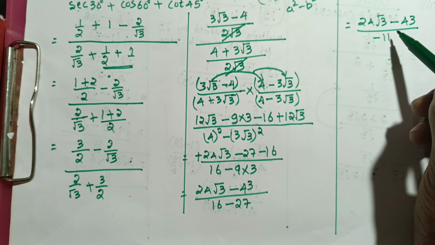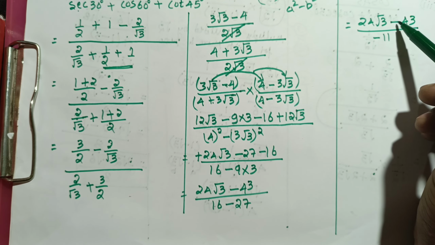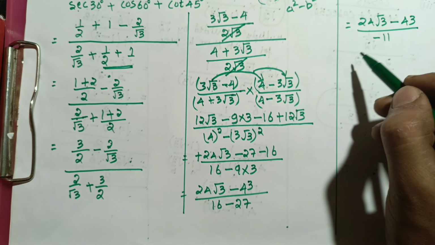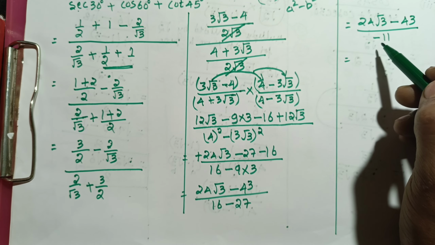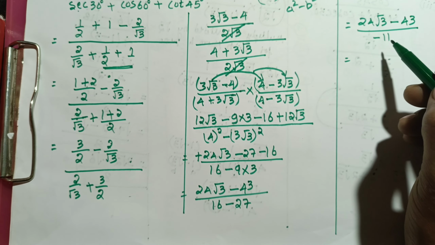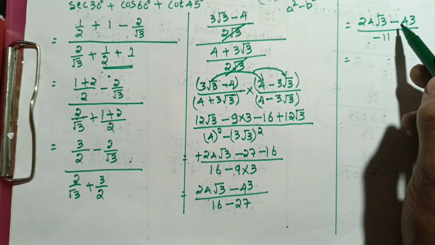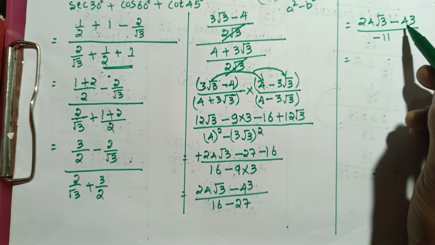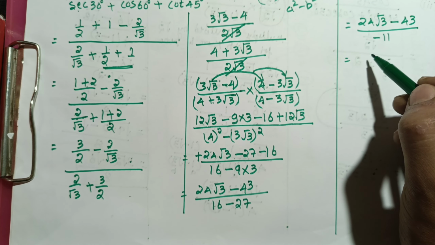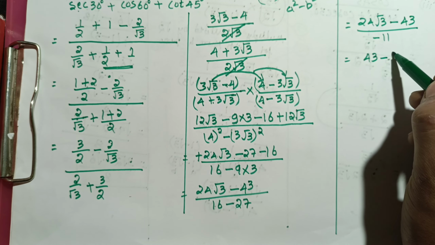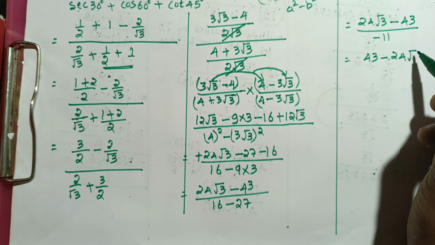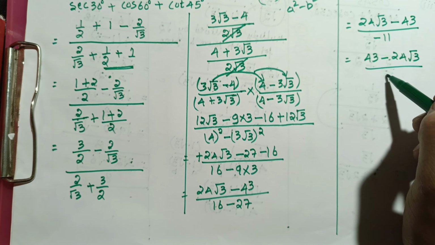So next what I will do is I will take the minus common here, because in the denominator there is a minus. That minus I need to cancel, hence I will take the minus as a common factor in the numerator. So minus 43, if you multiply with minus, it is 43 minus 24 root 3 divided by 11.